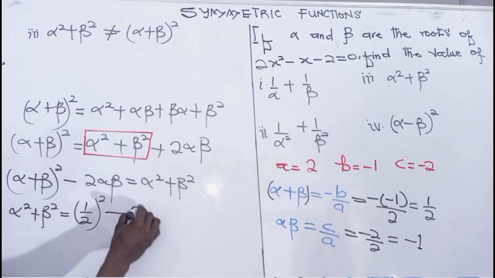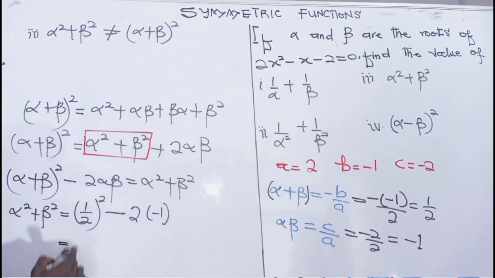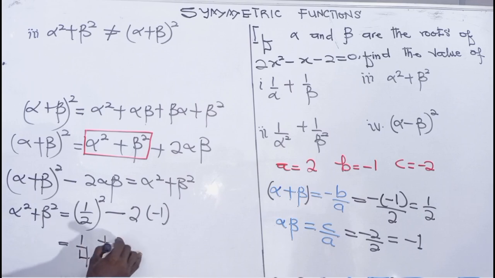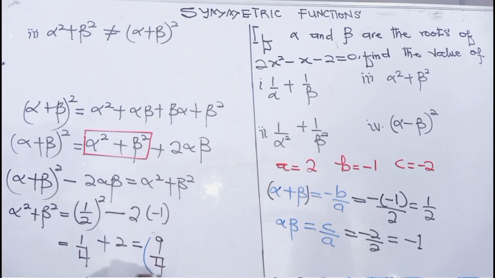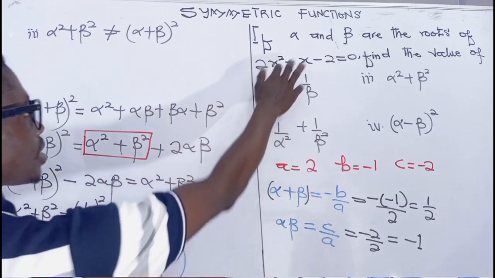And then for 2 alpha beta, we have minus 1. So when you do the algebra, we are going to get 1 over 4 plus 2, and that is going to give us 9 all over 4. So this is the value of this symmetric function given this quadratic equation.